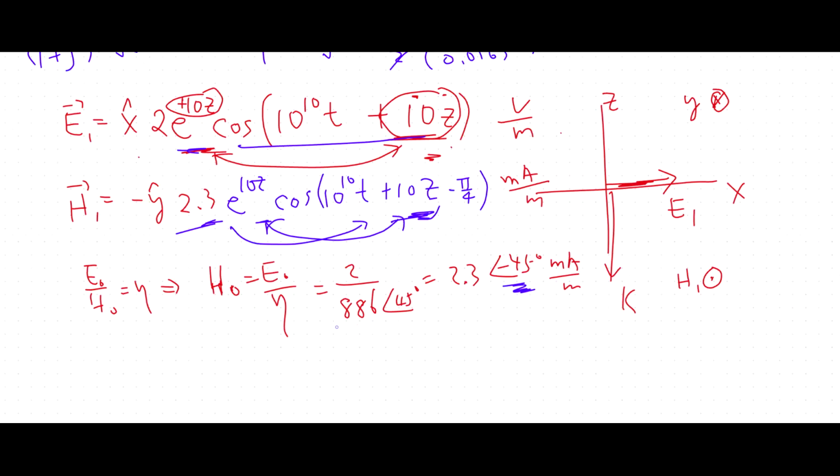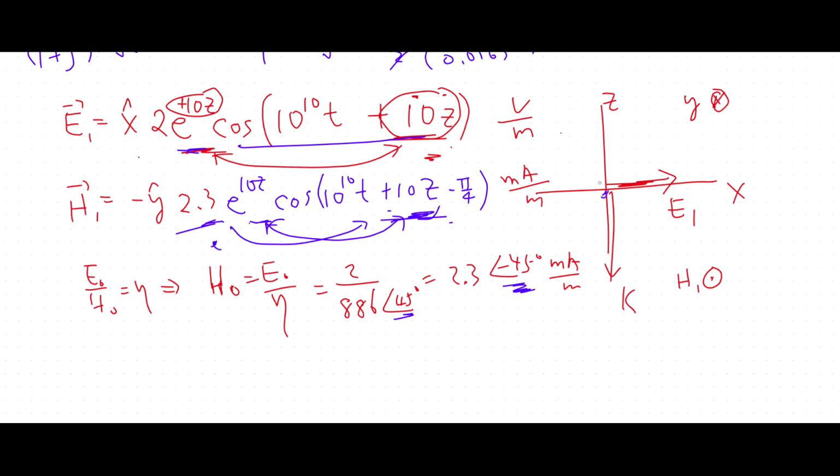Positive in the denominator, so when you put it on the numerator, this phase shift is like e to the pi over 4. You just add on to this e to the minus j pi over 4. Yeah. All right, H2. H1 is coming out.